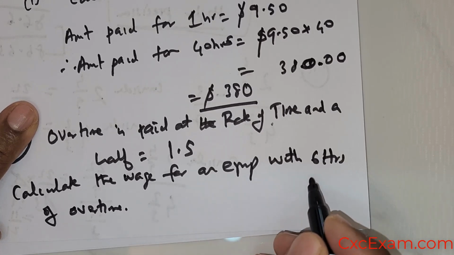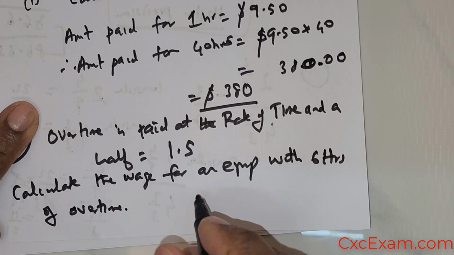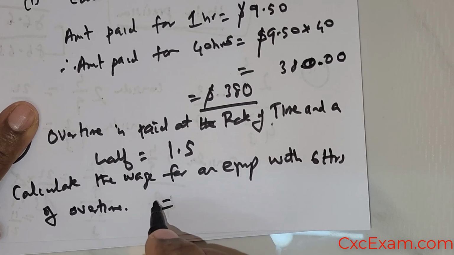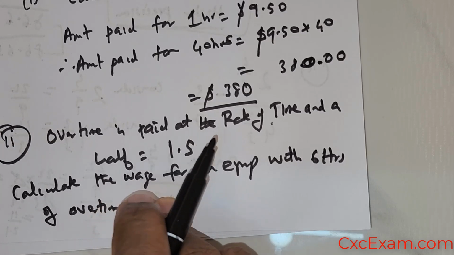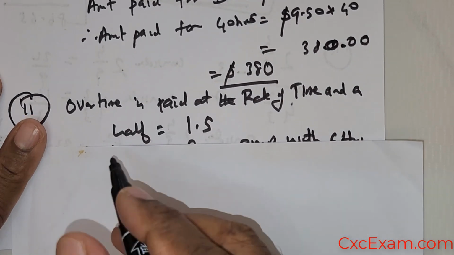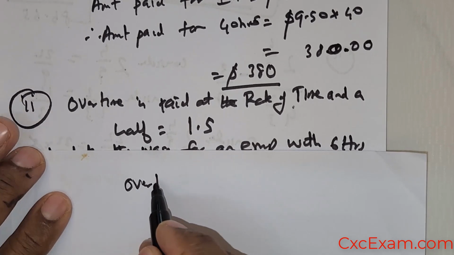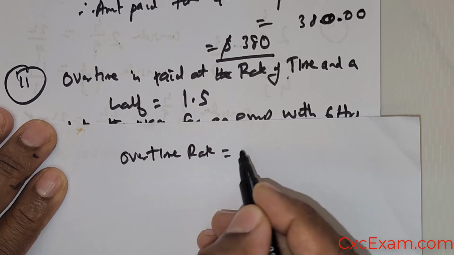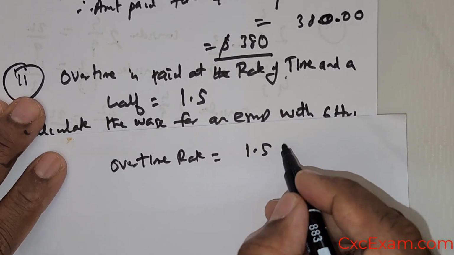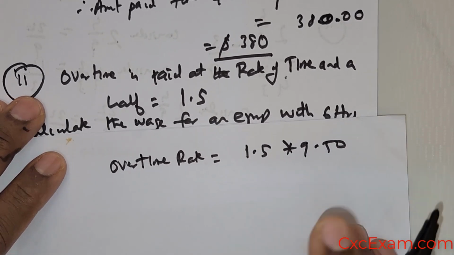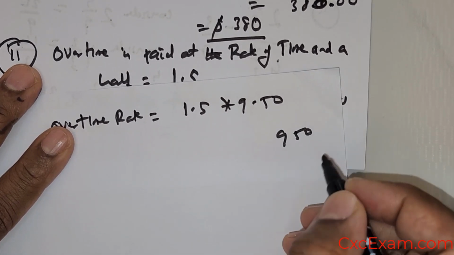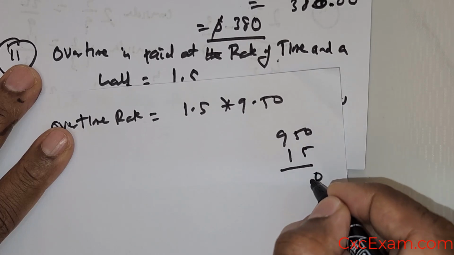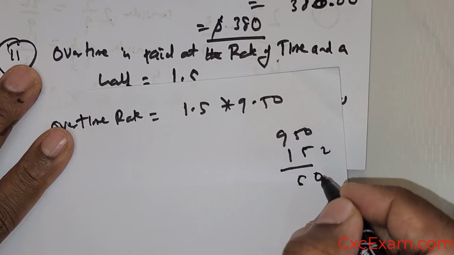So how are we going to calculate the overtime wages? Now this is the rate. I'm going to show you how the rate is calculated. So let me use this page. Overtime rate is 1.5 times 9.50. So I'm going to take 950 multiplied by 15.